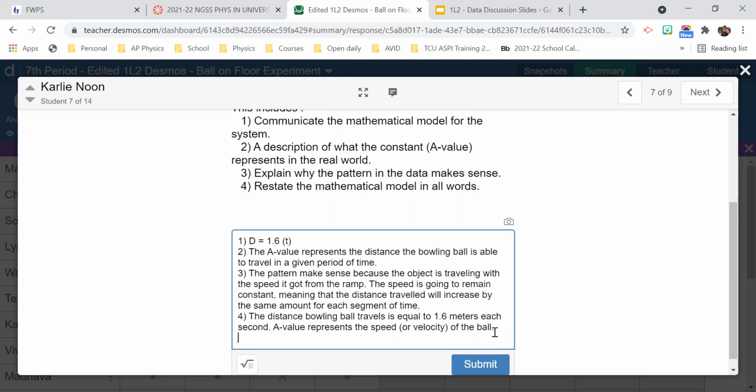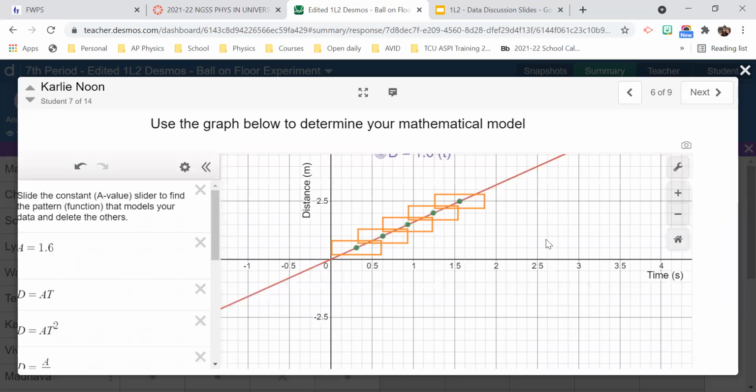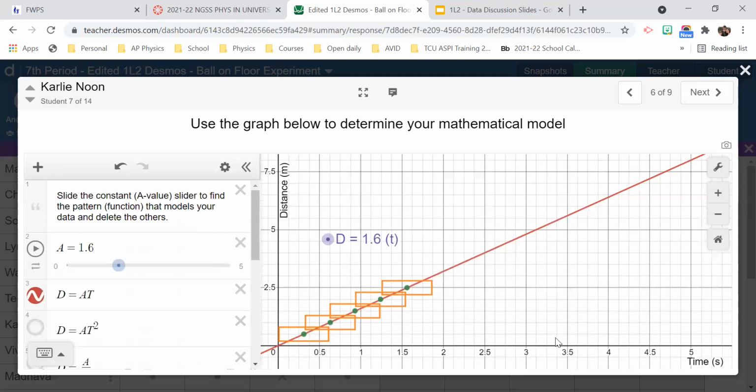So I'm going to say, I predict that a bowling ball will travel in 6 seconds. We can use the best fit line to predict it. It's not going to be a good prediction, but we can do it.